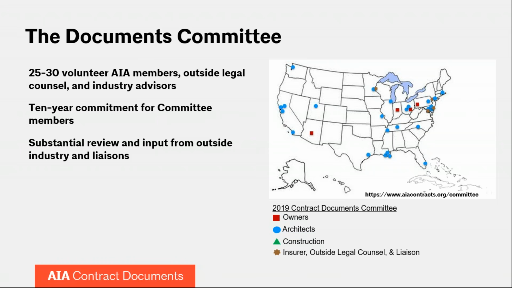We work with 25 to 30 volunteer AIA members who volunteer a significant amount of their free time to assist in the creation and revision of all of the documents in the AIA's library. These committee members are incredibly dedicated. They tend to spend at least 10 years on our committee. Some stick around for a few extra years as well.